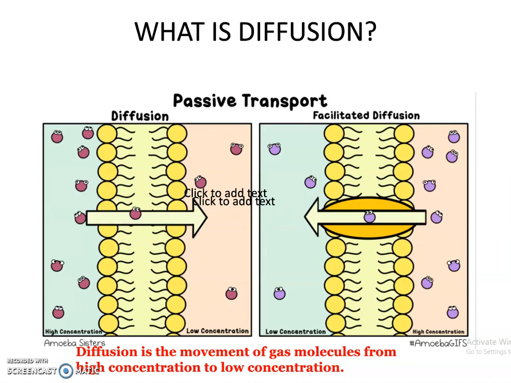When gaseous molecules having high partial pressures are dissolved in the liquid, diffusion occurs. Hope you have understood what diffusion is: movement of molecules from the region of high concentration to the region of low concentration.